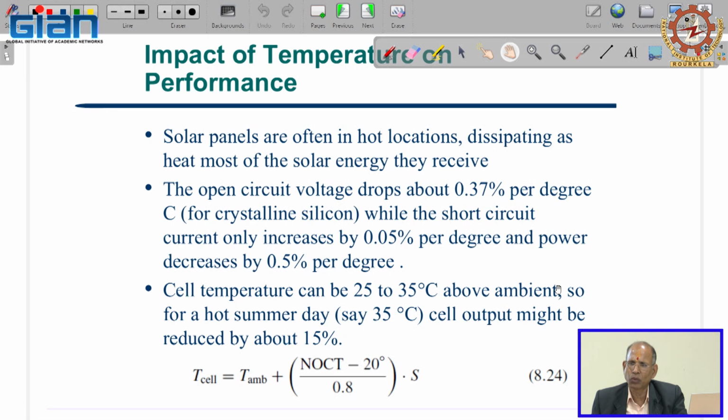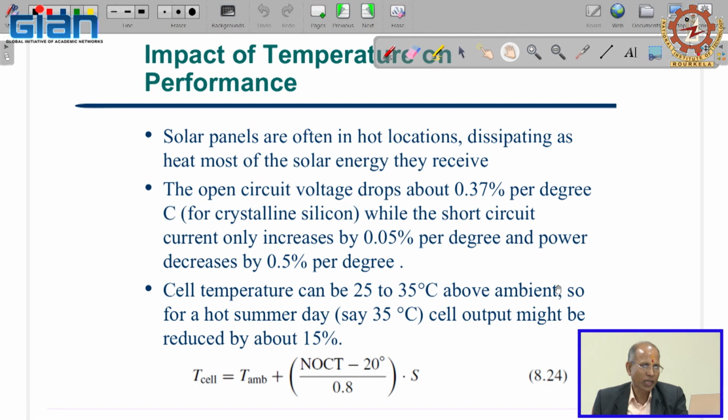A common person will think that if it is summer, it will produce more power, but that is not the case. In hot locations, it is not only the PV panel which will drop in efficiency. Even a human being will drop in efficiency. Too much sweat, cannot focus on study. Too much cold, difficult as well. We need ambient condition.